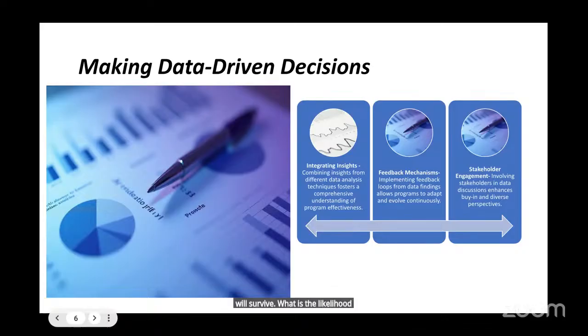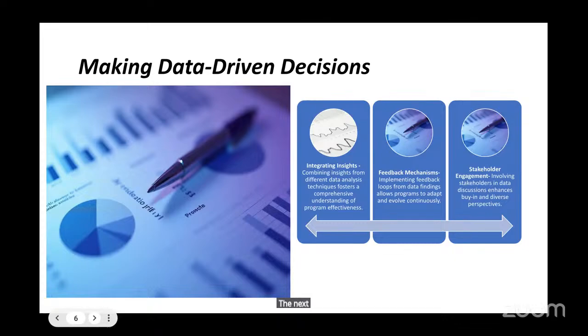To what extent is this program going to be scalable? So you need to think of the cost of developing an application, how many users and so on, but scalability, adaptability, all that must be informed by data. You must have done, even if not a feasibility study, at least some desk research to gather information on what has been done elsewhere, how it was done, what the outcome was.